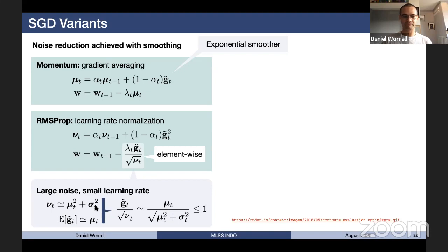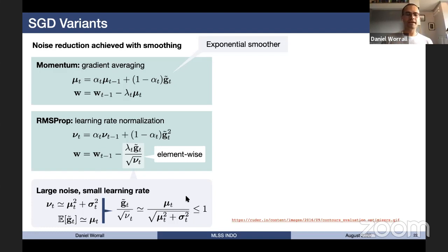It's roughly this. So your nu will be roughly this quantity here, where the mu is the average gradient. Now, if you substitute that in to this expression here, and we replace this gradient with its average, and we replace the bottom half with how I expanded that, you get this term. And this number is always less than 1.